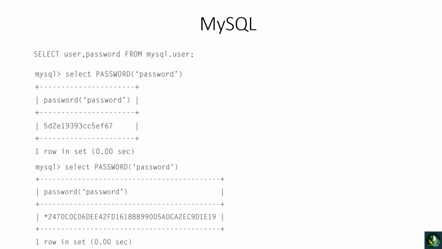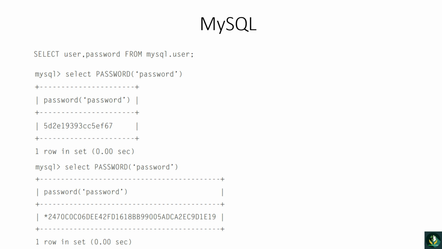Before 4.1, a simple 16 character hash was used. Starting with MySQL 4.1, the PASSWORD function was modified to generate a far longer and far more secure hash, a 41 character hash based on a double SHA-1 hash.